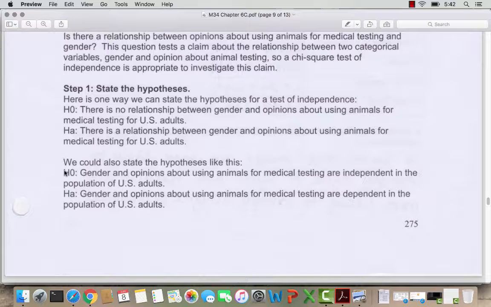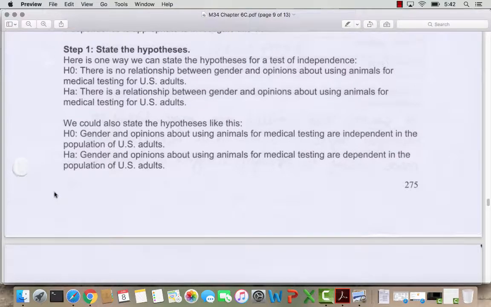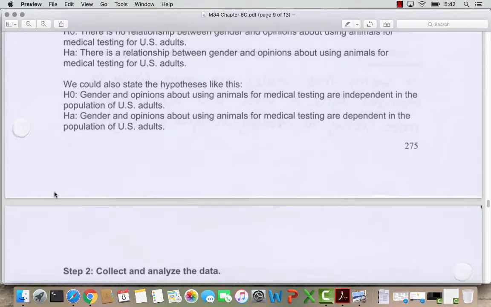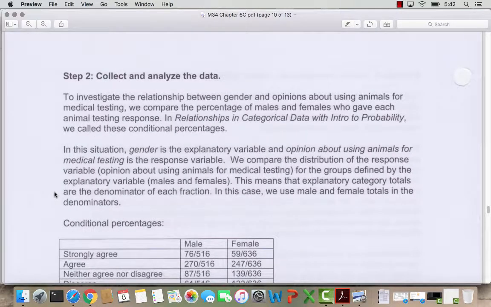Another way we could say it is the null hypothesis could say gender and opinions about using animals for medical testing are independent in the population of U.S. adults. And the alternative could say gender and opinions about using animals for medical testing are dependent, right? There is some relationship. And remember, we're always trying to write our hypotheses in terms of the whole population. So in this case, we're saying our population is U.S. adults based on the random sample from this survey.